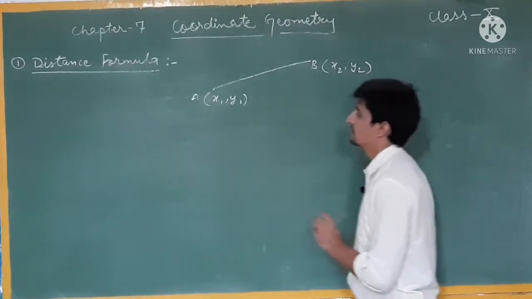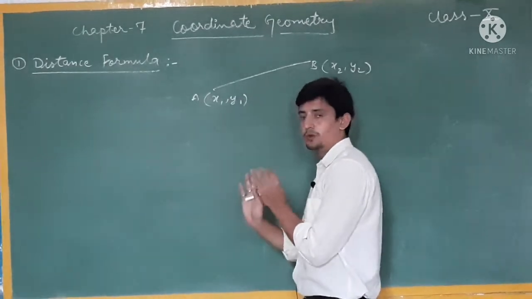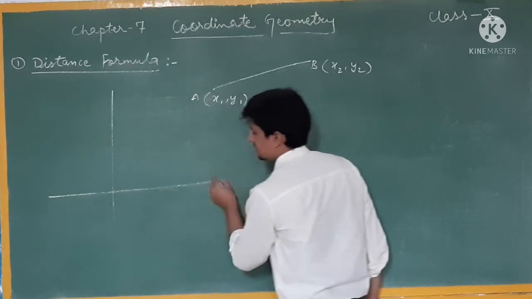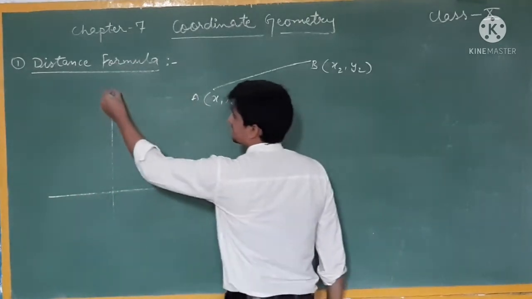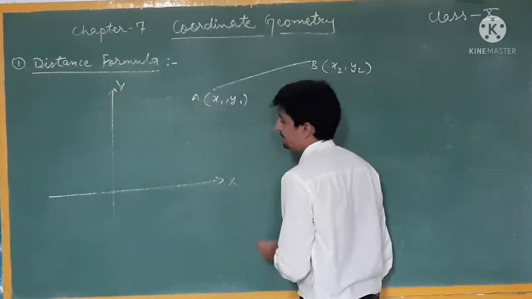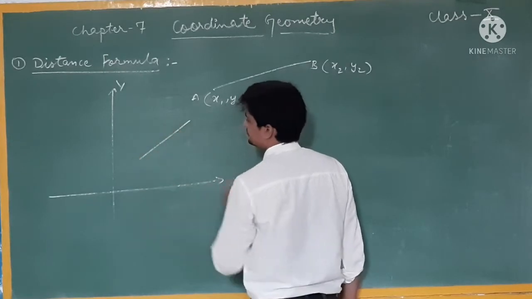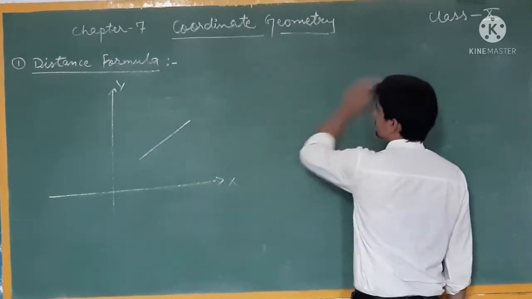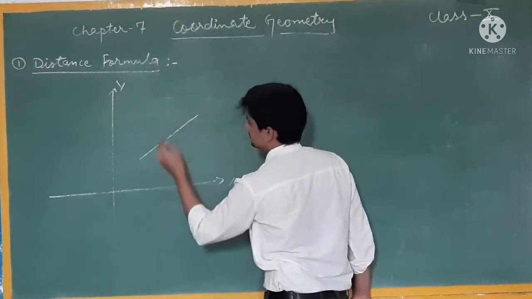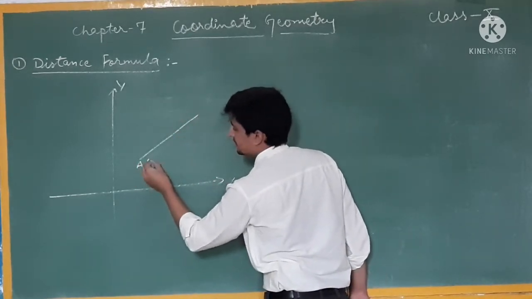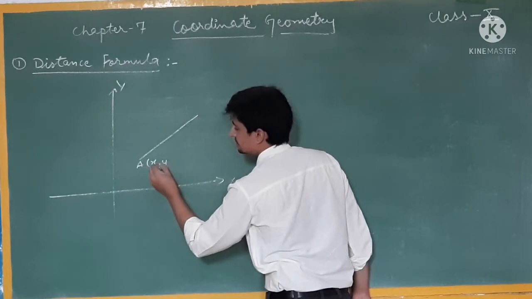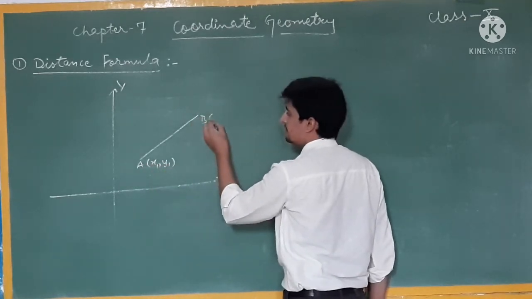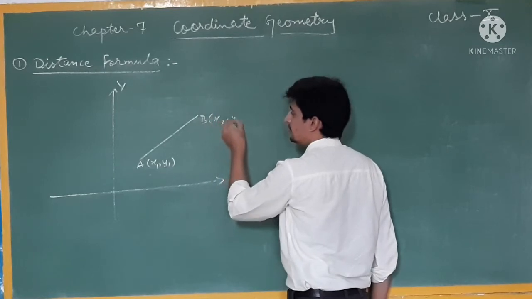Let's make a proper diagram. Here I have the axes, this is the x-axis and this is the y-axis. Let's suppose I have a point A, x1 comma y1, and B, x2 comma y2.